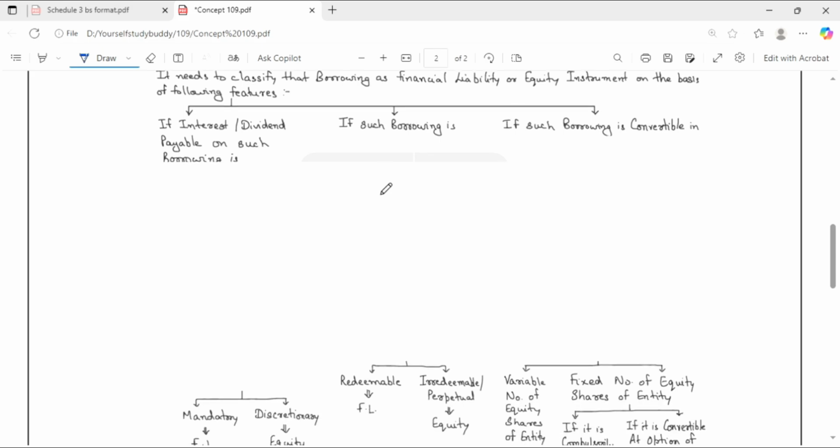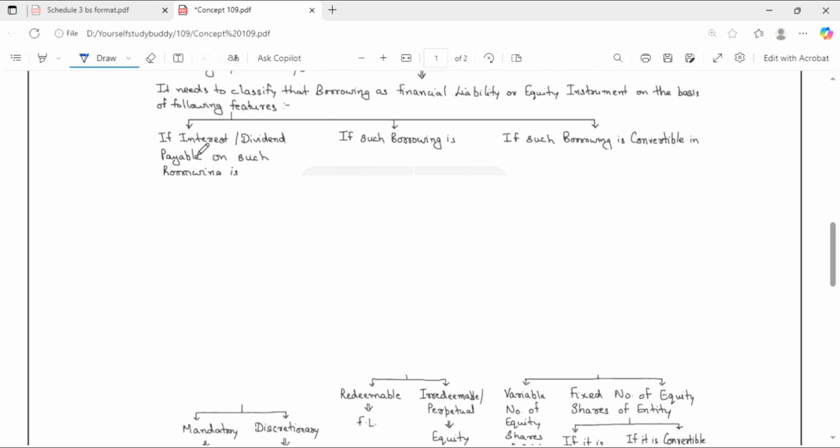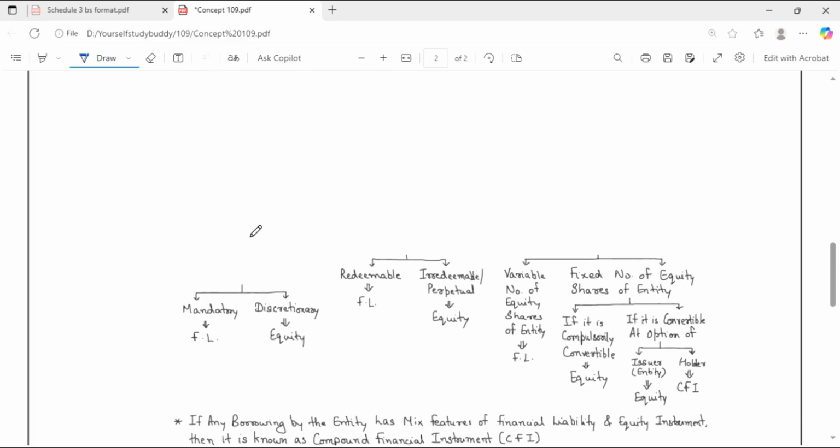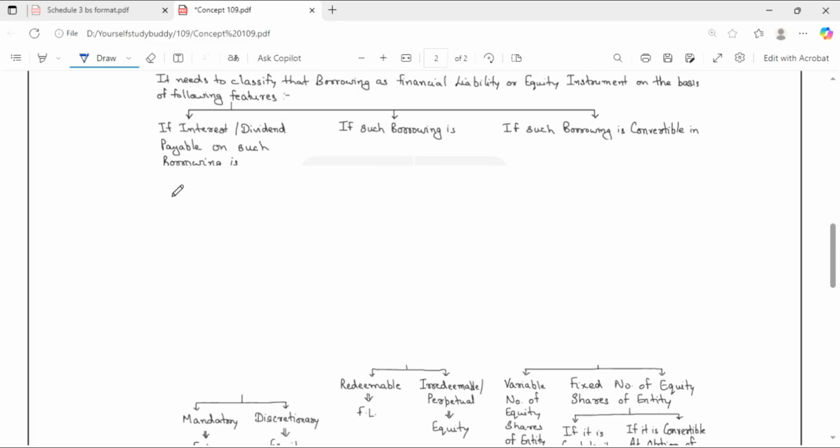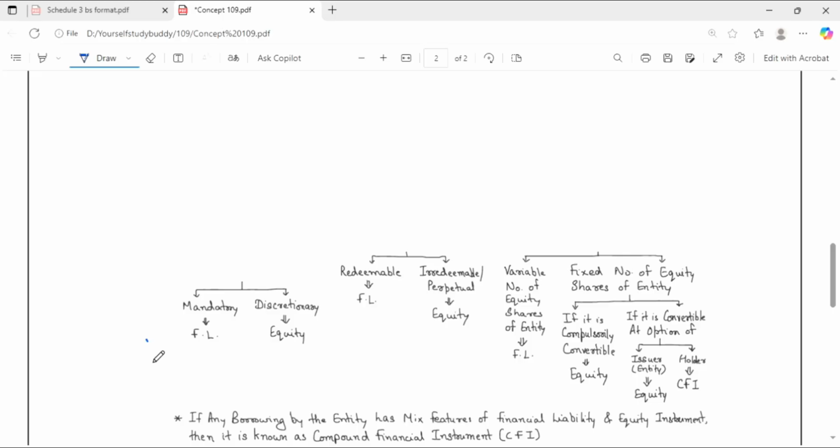So now whatever interest and dividend we are paying on borrowings, suppose that interest is mandatory in nature. Okay, suppose it is decided that I will pay interest on the debenture monthly. In that case, I will show that interest as a financial liability.